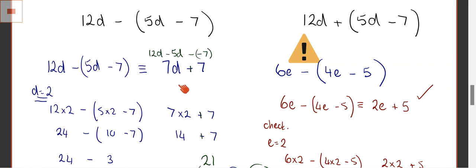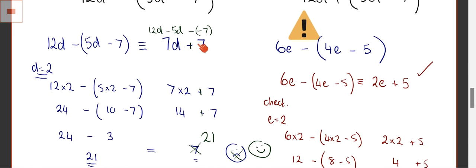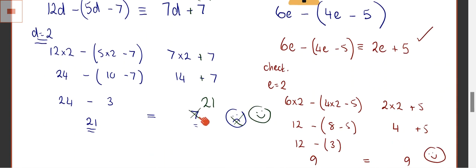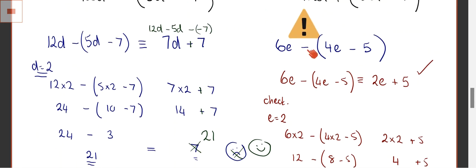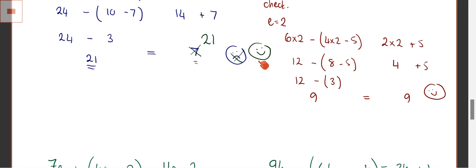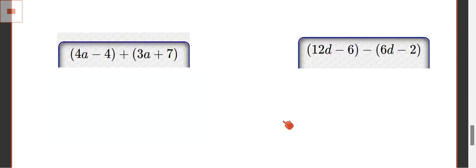Yeah, good. So it became plus 7. Do you remember we checked it and we got it equals 7 because we had the minus 7. And I put this exclamation mark to say if you have a subtraction, be careful. Just take care. So we did a bit of that and a few practices.